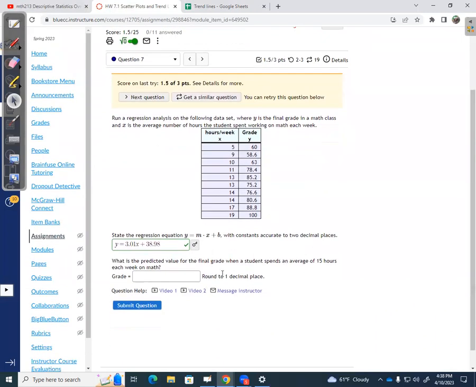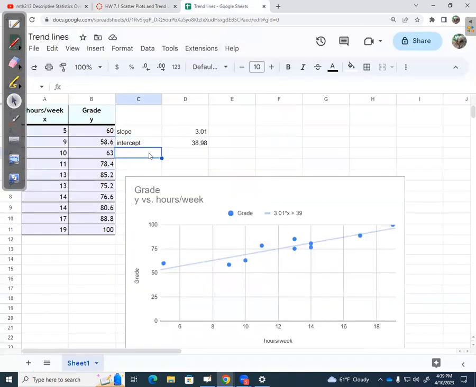And then they ask me to use that equation to make a prediction. If a student spent 15 hours on math each week, what would I expect their grade to be? So that's an x value. So if I just plug that x in here, it should give me a y value in this region over here. And I can do that on the spreadsheet too. So for my prediction, I would do equals for a calculation. And again, the formula is y equals mx plus b.